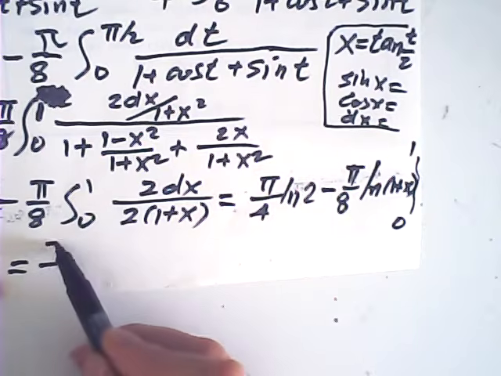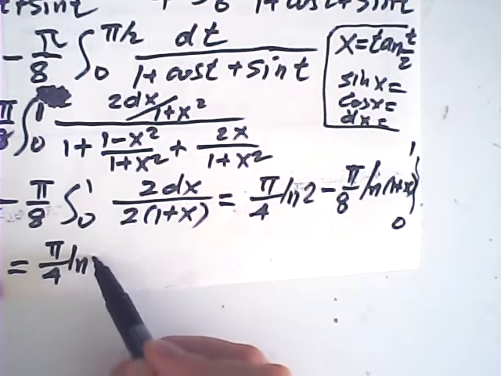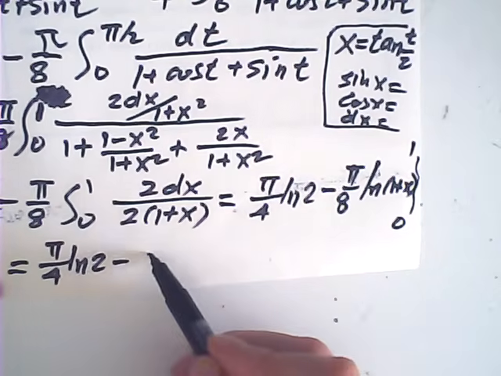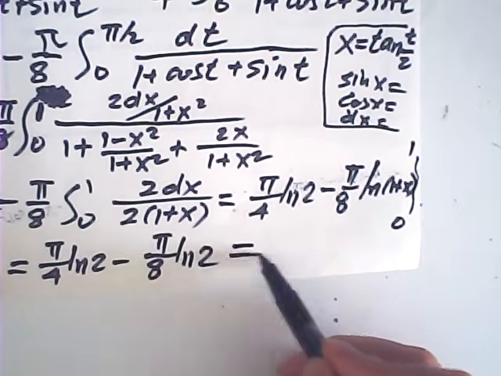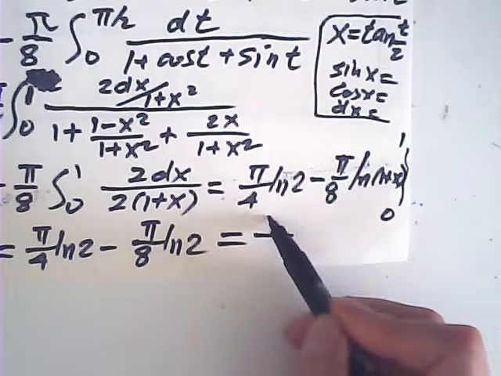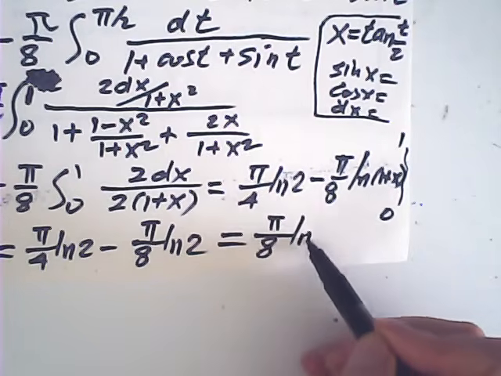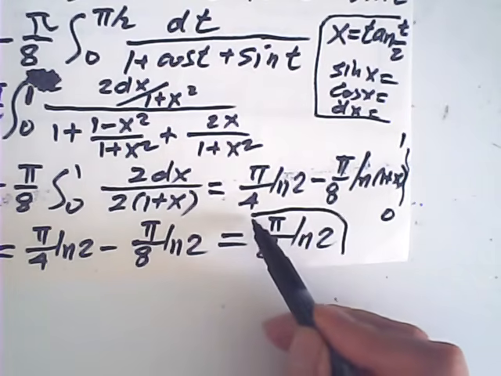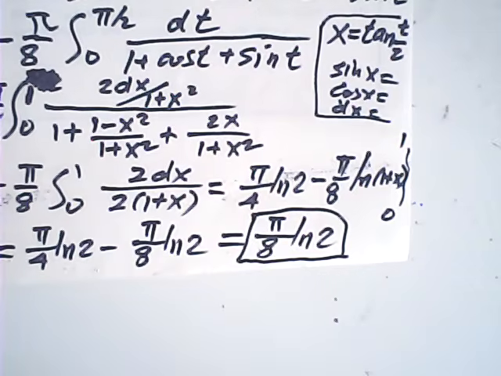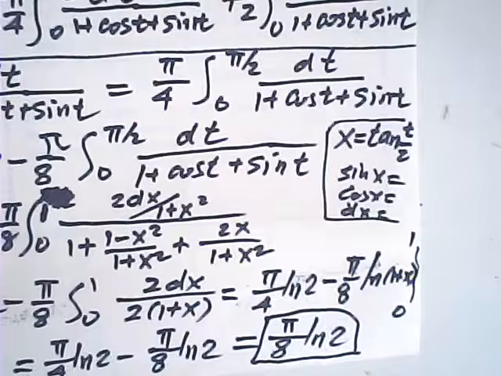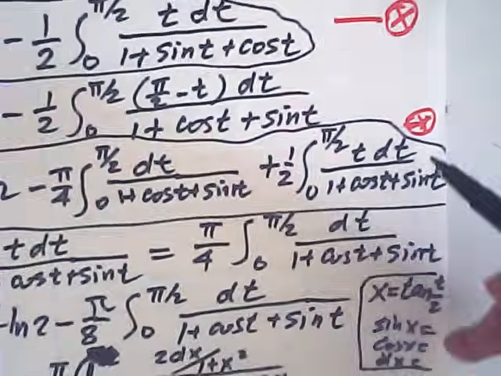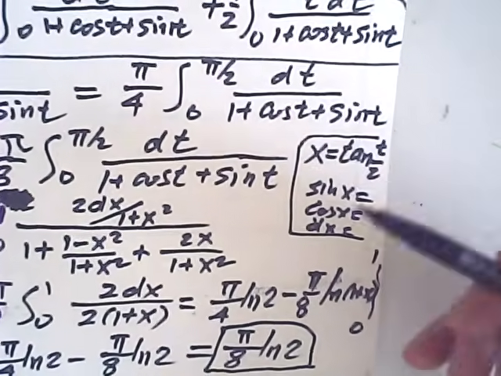So this is equal to eighth pi log 2, minus eighth pi log 2 subtracted from the quarter, so they end up with eighth pi log 2. That is the result by method 4. Okay, some steps.